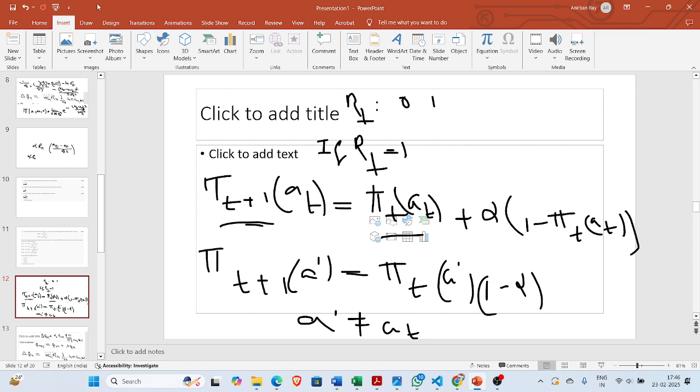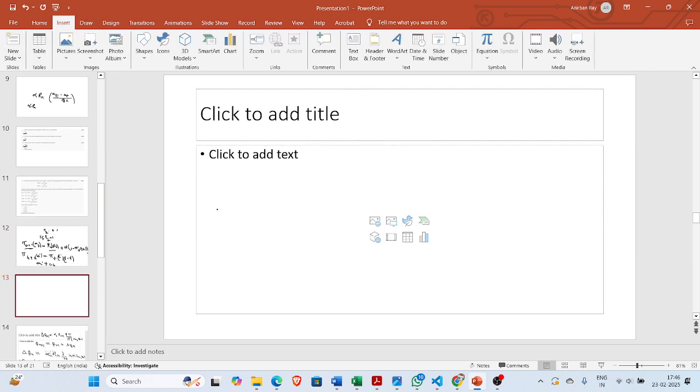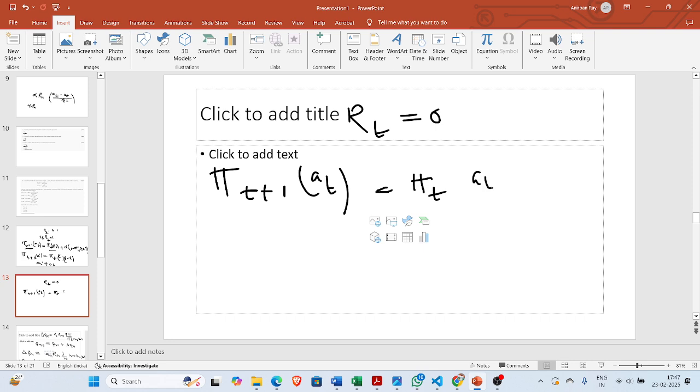Another thing is that we also need to write the r_t equals 0 situation. It is actually similar, just taking a parameter beta here instead of alpha. So, write it down: pi t plus 1 of a_t equals pi t of a_t times 1 minus beta.